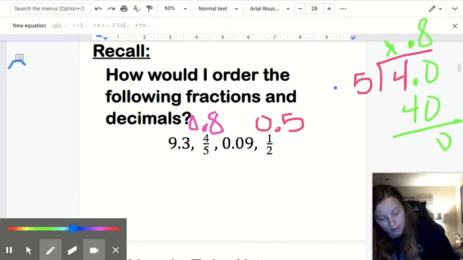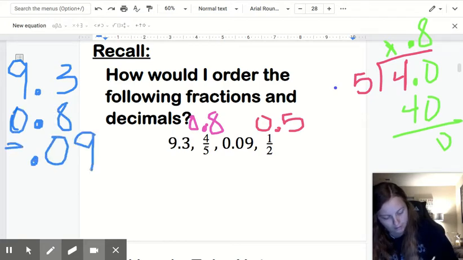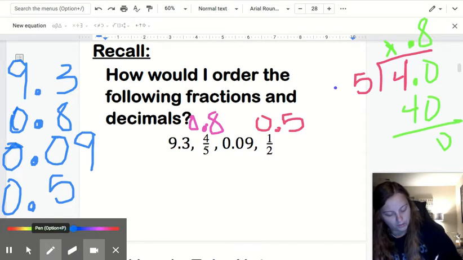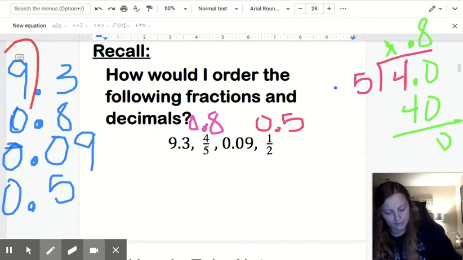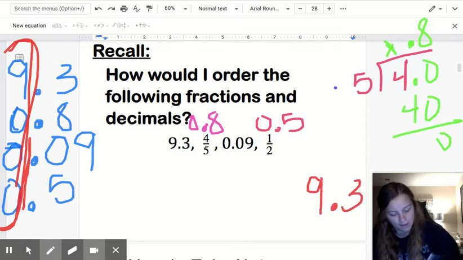Okay, so 9.3, 0.8, 0.09, and 0.5. And what I like to do is I first like to look at my whole numbers. Which one has the biggest whole number? Well, the 9. So that means that's my greatest number, 9.3.